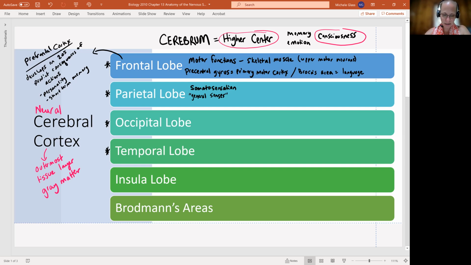Somatosensation is talking about touch, pressure, vibration, pain, temperature, tickle, itch, but also what's called proprioception.